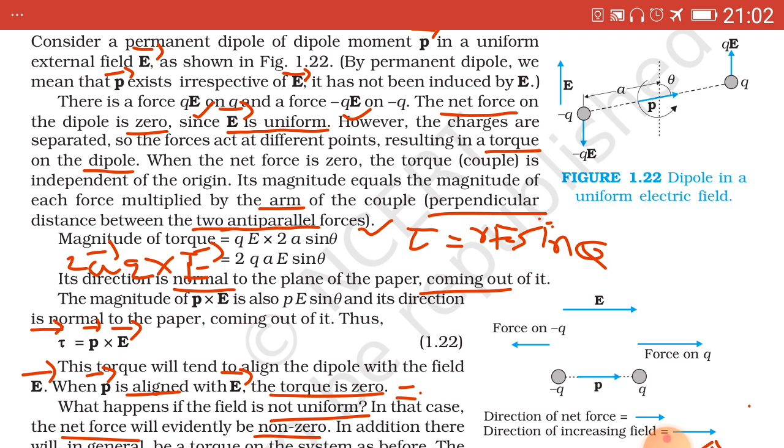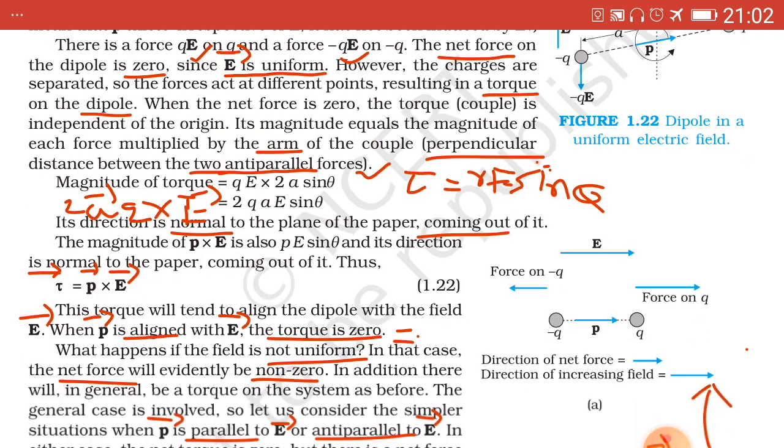Magnitude of torque, whose symbol is tau, equals QE into 2a sin theta, because tau equals rF sin theta, which I have written besides the equation, which is equal to 2qaE sin theta.